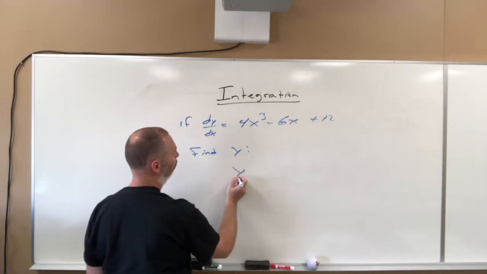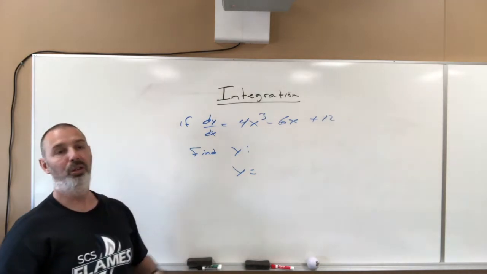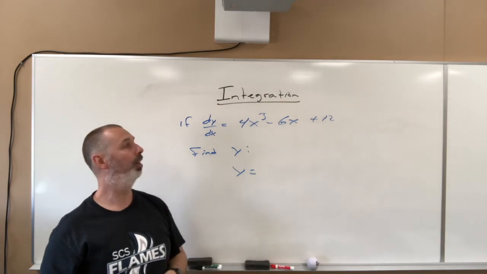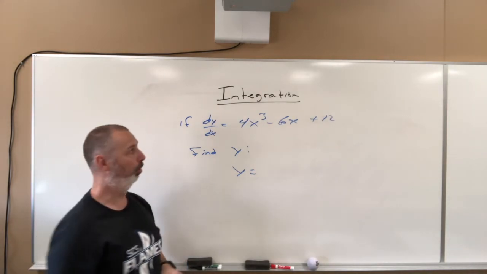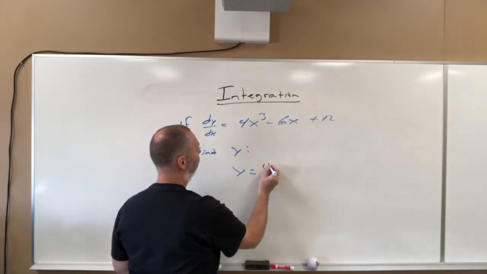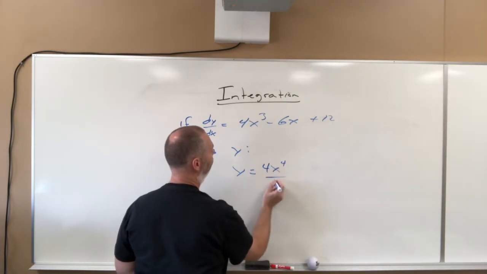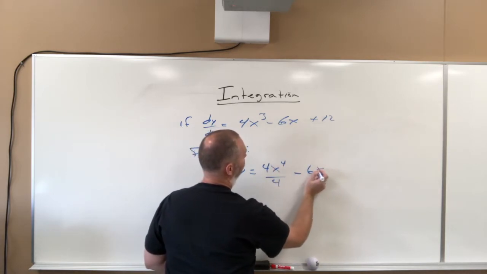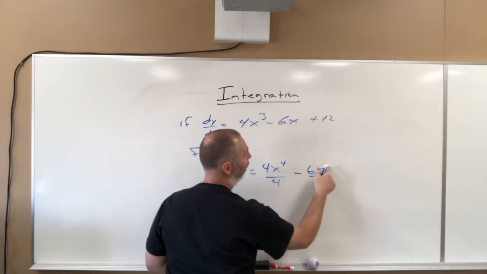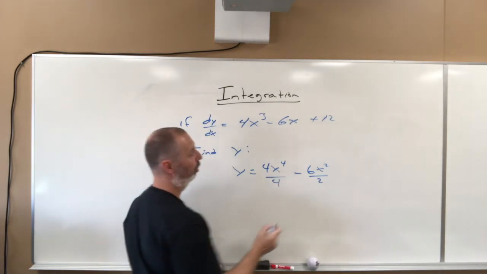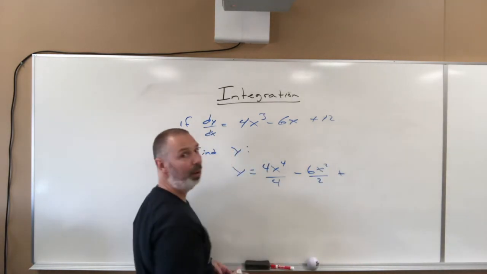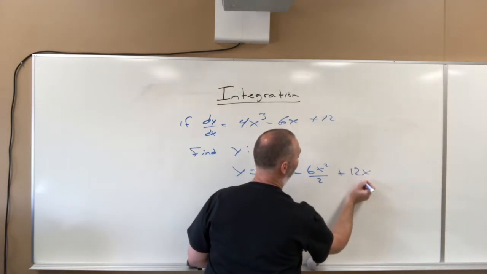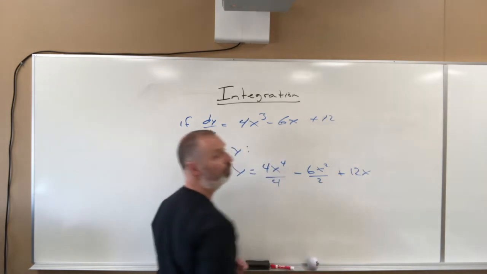To find y, in each of these three terms we add 1 to the exponent and then divide by that number. I have an exponent of 3 here; I add 1, which makes it 4, and divide by 4. For the 6x, I make it 6x squared and divide by the 2, the exponent. For plus 12, that's 12x to the 0, which we increase by 1, giving 12x to the 1, divided by 1, which I'm not going to write.